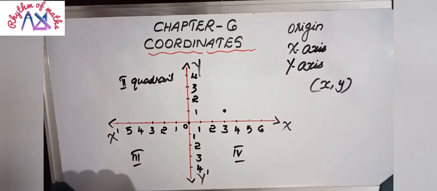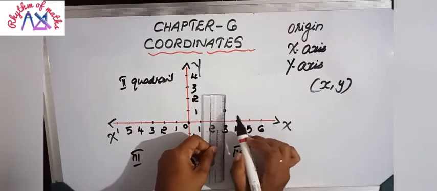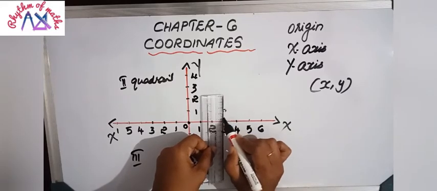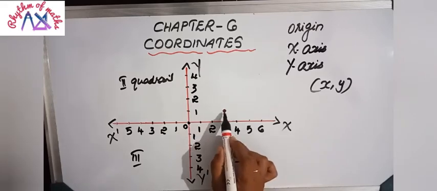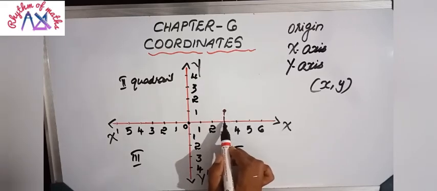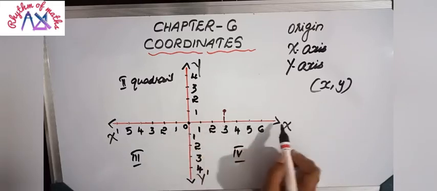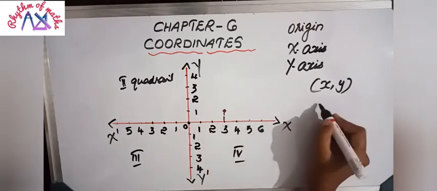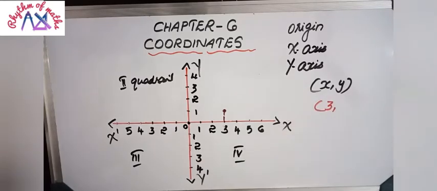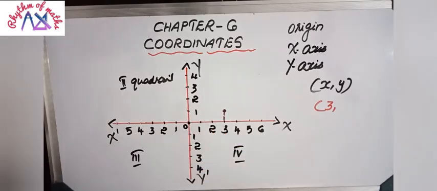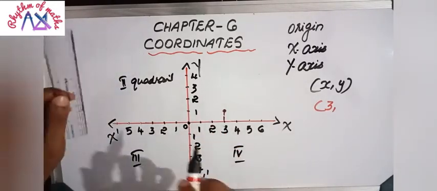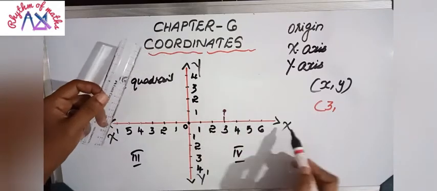For that, use your scale, then mark downwards. When you mark downwards, you can see that it is at the point 3. Here the number is 3, and that is on the x-axis. So the x-axis number will be 3. So the first number we got is 3. Next, towards the y-axis also you have to mark. Two axes you have to draw. First to the x-axis.